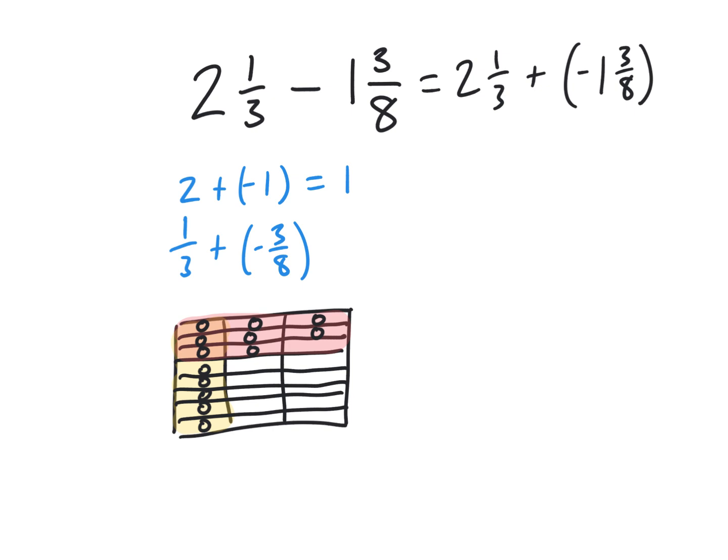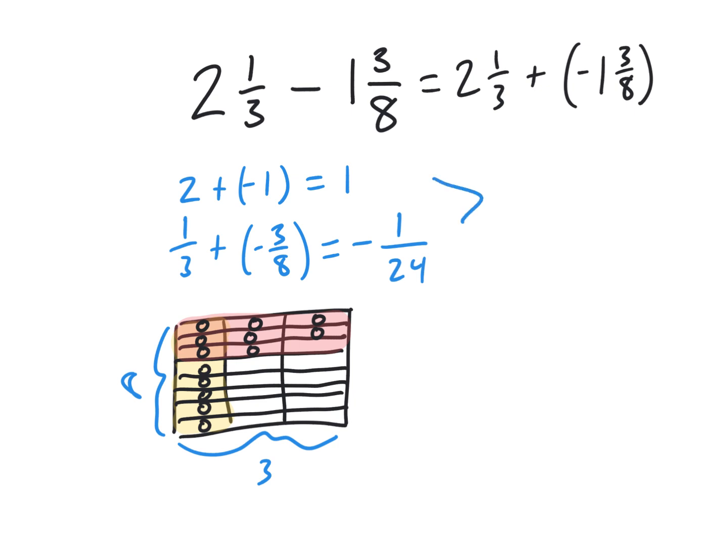So I'm left with one red piece at the very end, which means my answer is going to be a negative. My numerator will be 1, and my denominator is going to be how many total boxes there are. Well, this was 3 by 8, so in total, there are 24 boxes. So this is negative 1/24.